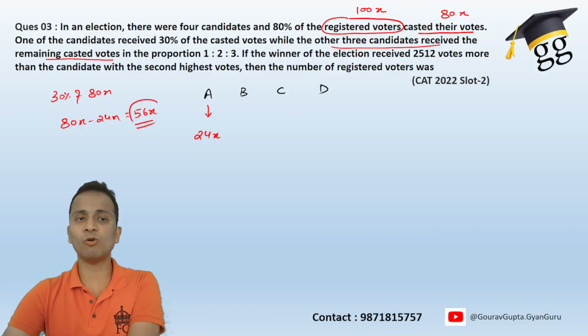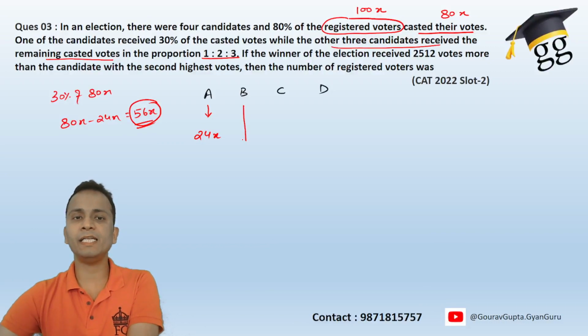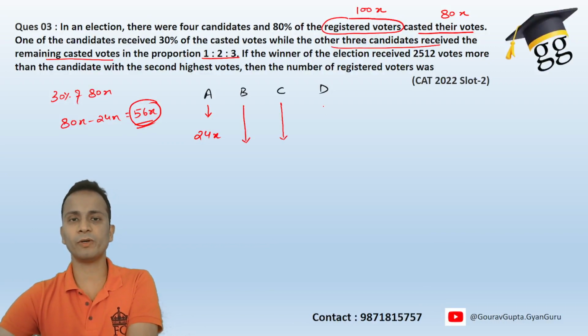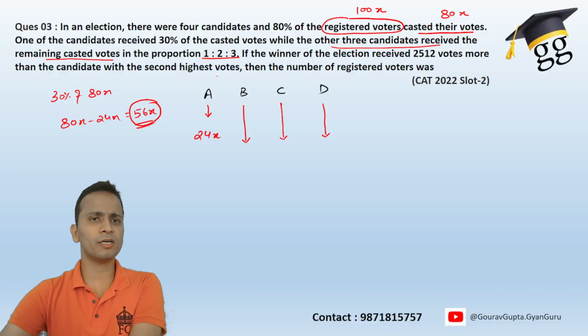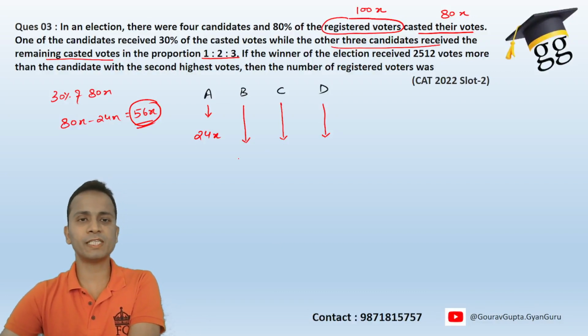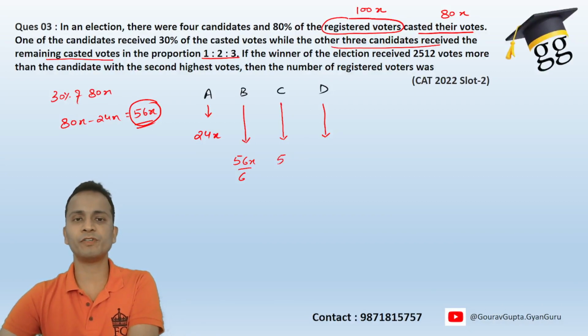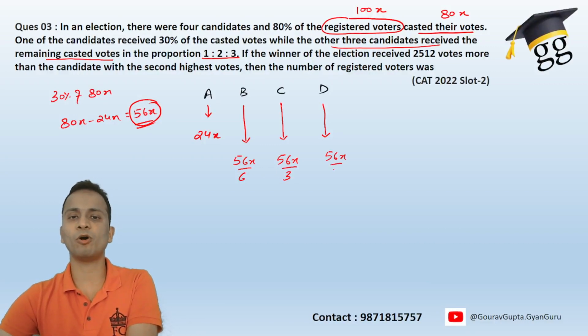So you'll have to now divide 56x in the ratio 1:2:3. So let's say these are B, C and D candidates, these 3 candidates. Okay, so in this order, 1:2:3. So 1/6 of 56x, so 56x upon 6. 2 by 6, that means 1/3 of 56x, so 56x upon 3, and 3 by 6, that is half, 56x upon 2.